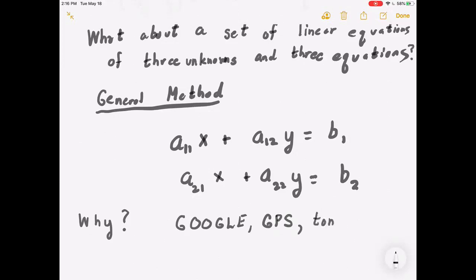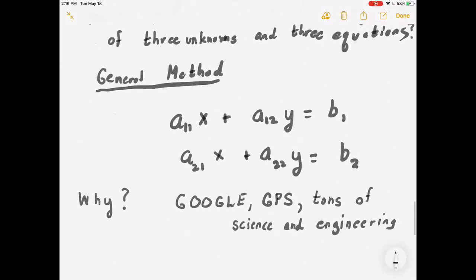And in your studies as STEM majors, you have encountered and will encounter tons of science and engineering problems where you'll have a set of linear equations that you need to solve simultaneously.